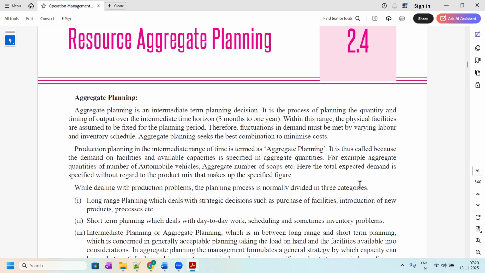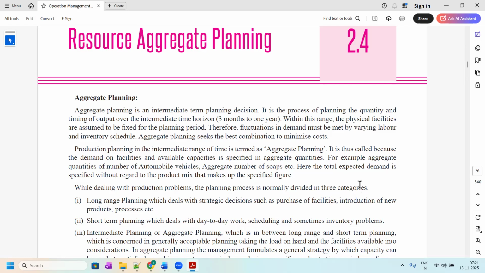The term you are going to study in this chapter is resource aggregate planning. Aggregate planning is a medium-term production plan, which is usually for 3 months to 1 year. So planning can be short term, aggregate or medium term, or long term.